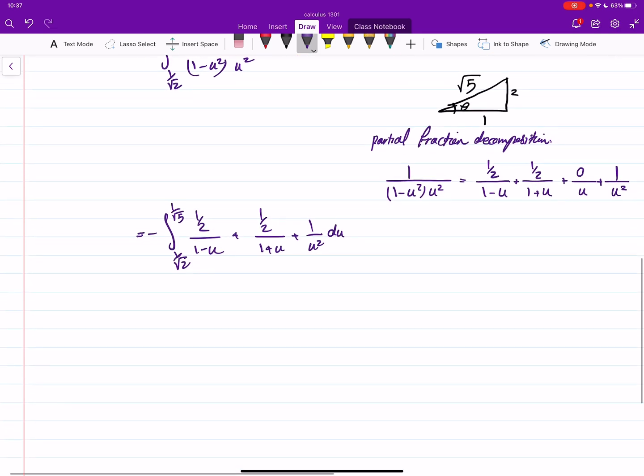Okay, so now we can apply the integrals. These are easy integrals to do.